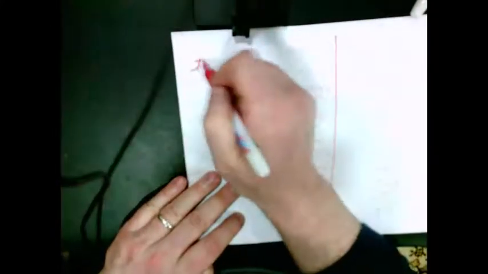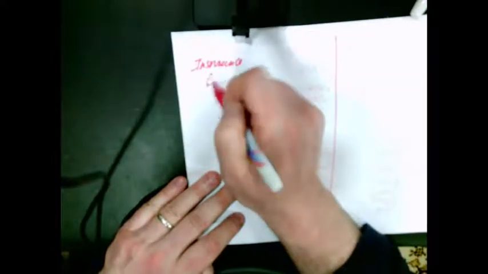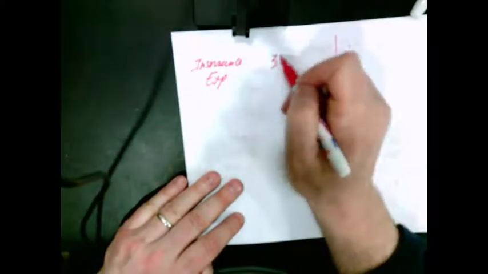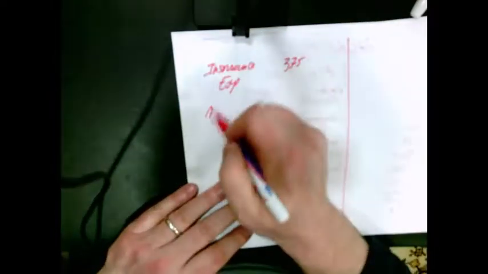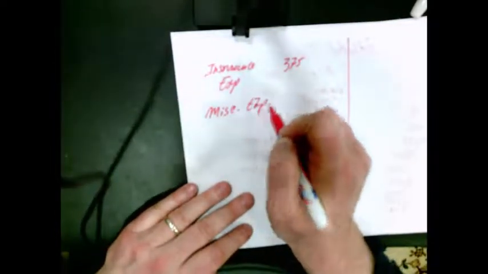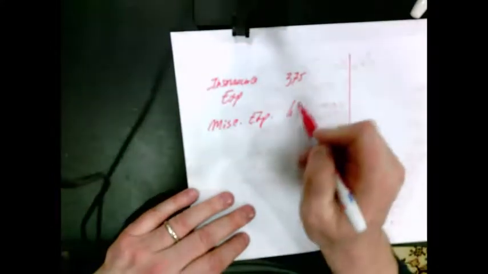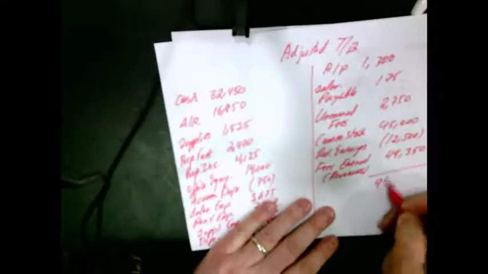Next page. Insurance expense 375. Final miscellaneous expense of 1,400. If you were to add it up, debits and credits, it ends up being 94,325 on both sides. There it is in balance.